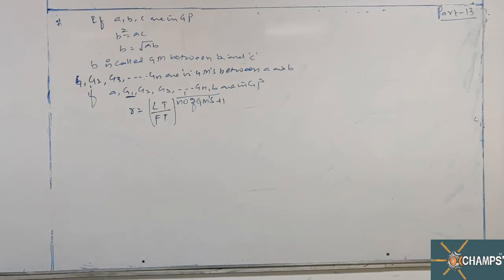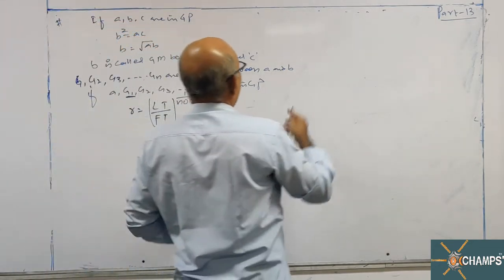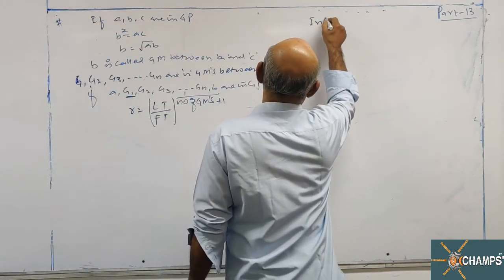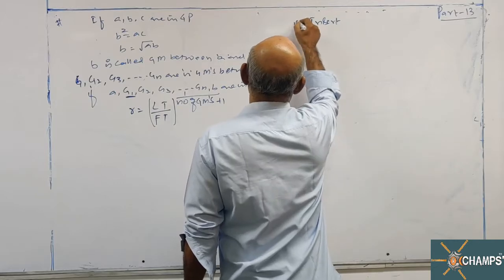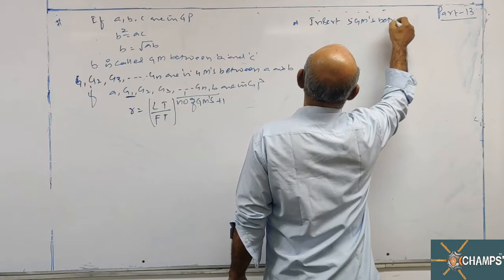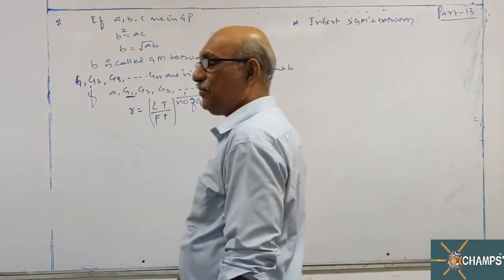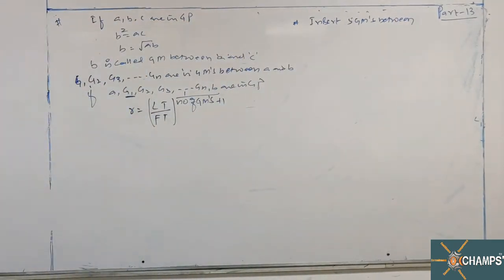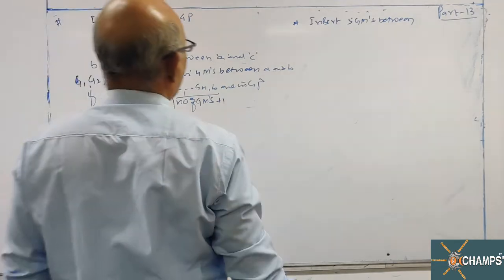Look at the question. Insert 5 geometric means between 3 and 192.